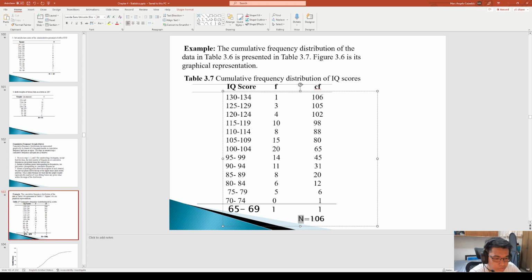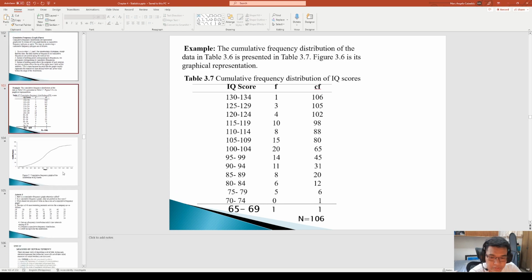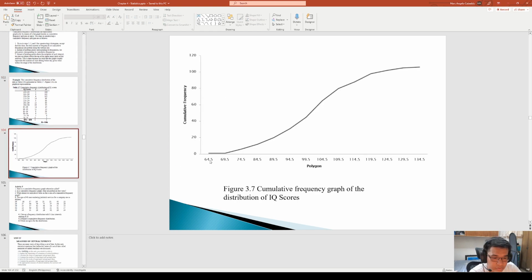The same is true with your n. Okay? So, instead of the frequency, yung ilalagay nating dots, you use the cumulative frequency or CF, okay? So same steps with the line graph, instead of the frequency, we put the CF, okay? So this time CF na yon, yung nakalagay na dots, ayan.